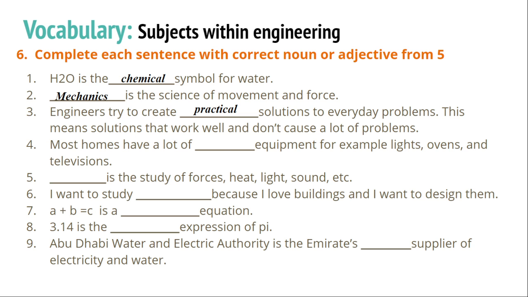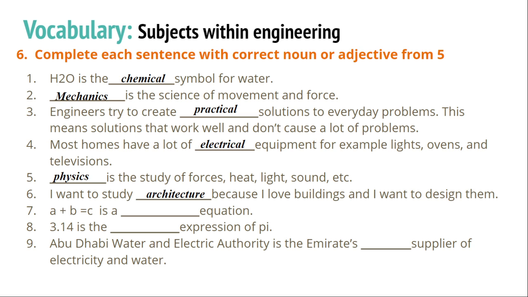Most homes have a lot of electrical equipment, for example, lights, ovens, and televisions. Physics is the study of forces, heat, light, sound, etc. I want to study architecture because I love buildings and I want to design them.